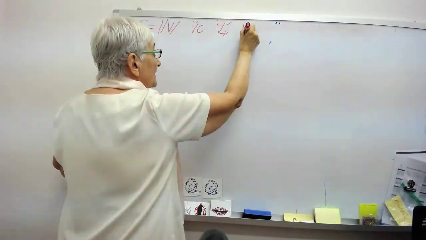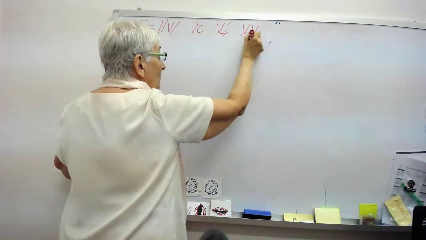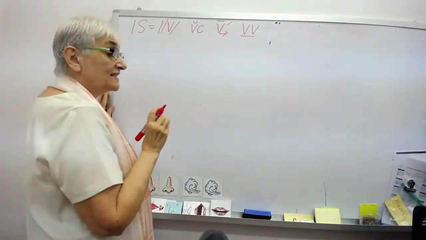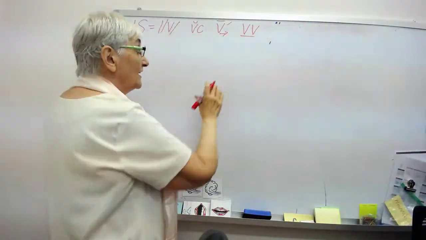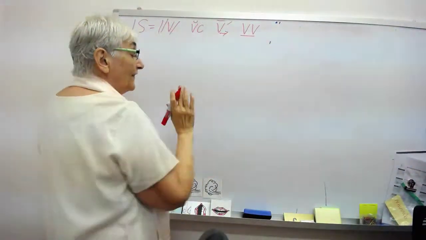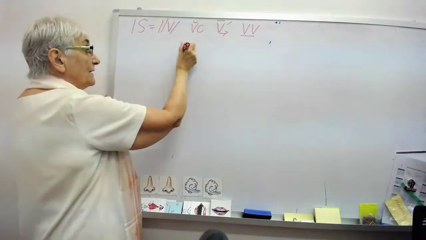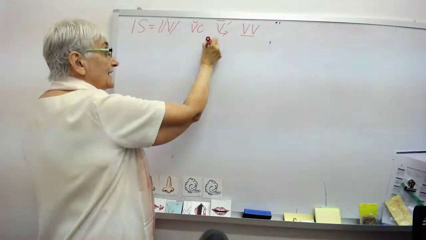And we've learned some vowel patterns like OO and EE. If we see them, we have to underline them because they'll count as one vowel sound.